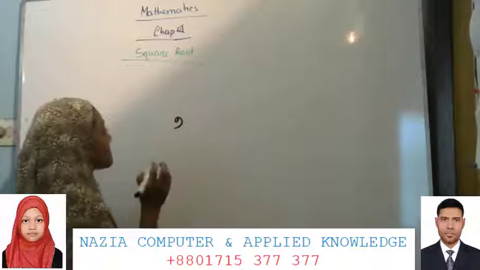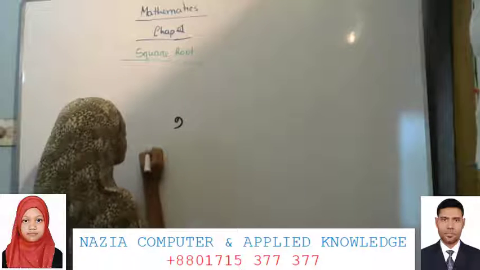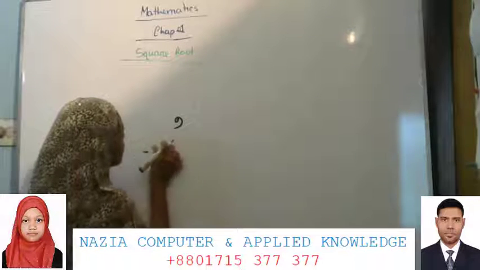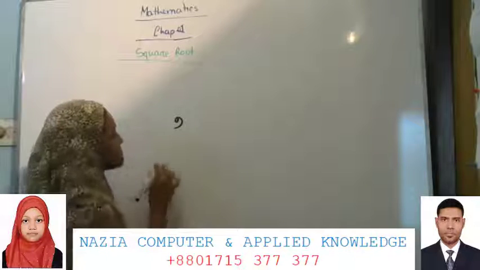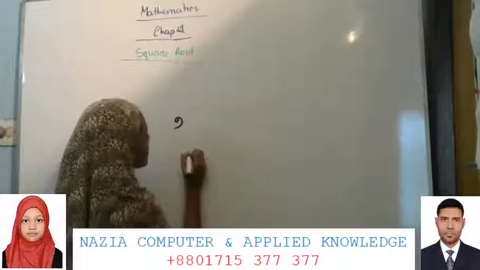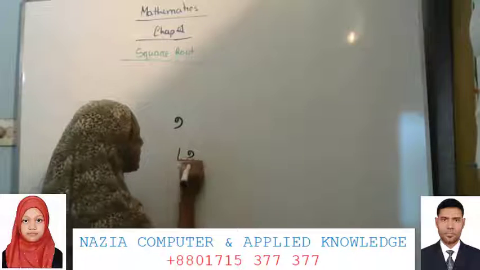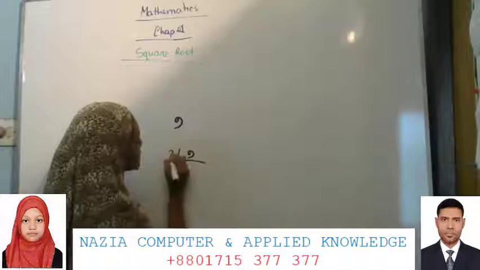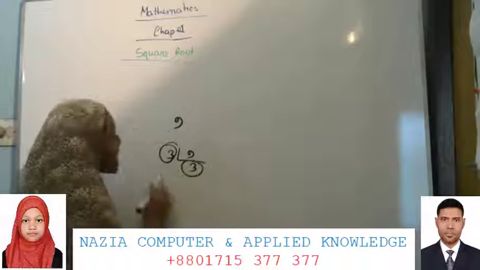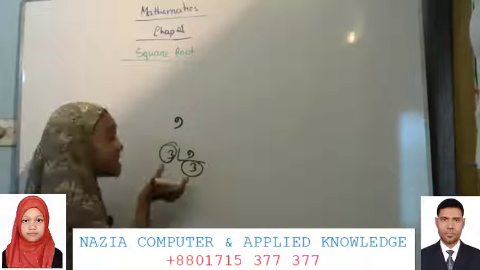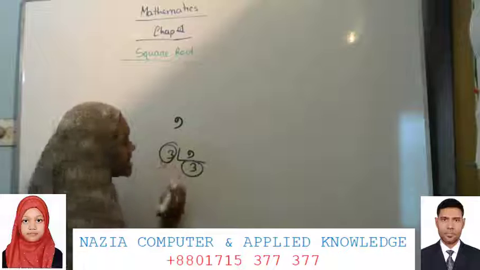If we find it in the prime factorization method, then 9 is 3 3s. Here you can see two numbers and these two are the same.